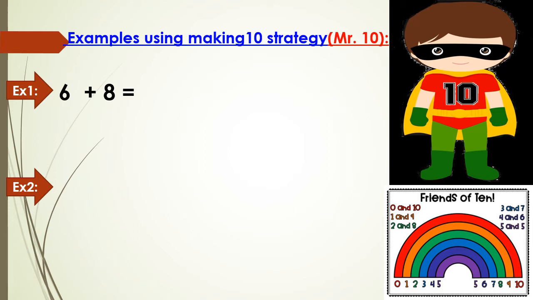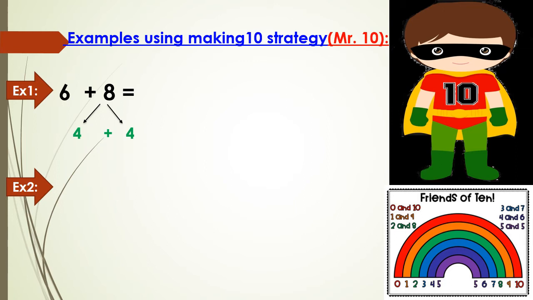So 6 has to go to 8 and ask her, 8, could you please give me 4 to be strong and be a superhero like Mr. 10? 8 will say, okay, I can be 4 plus 4.